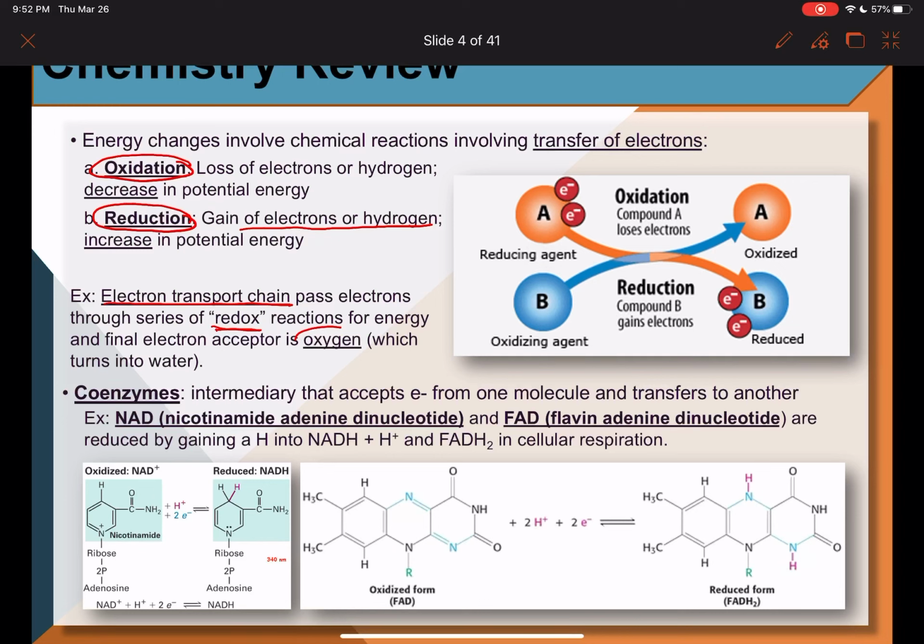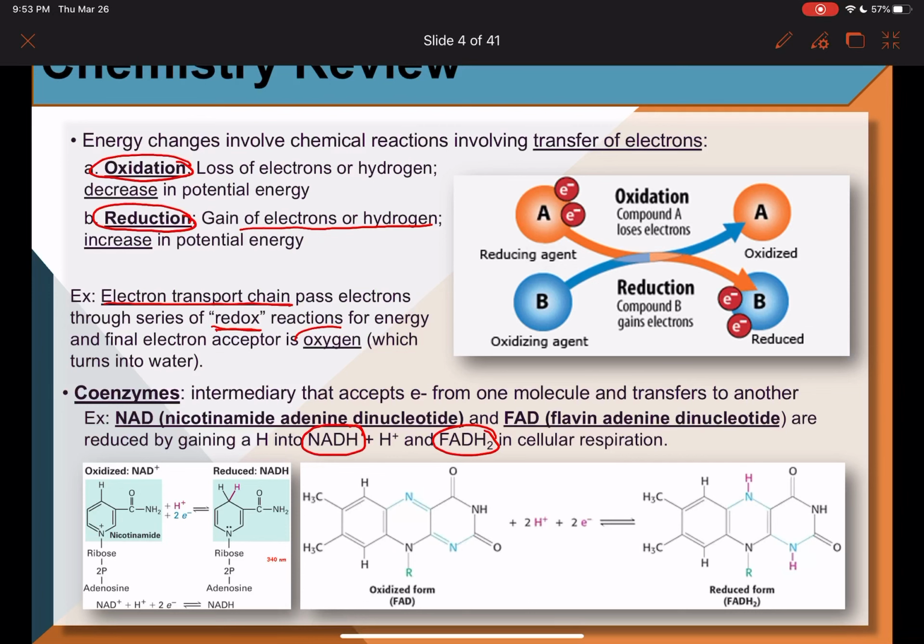The process of cellular respiration involves coenzymes or electron carriers called NAD and FAD, known as nicotinamide adenine dinucleotide and flavin adenine dinucleotide, both of which are reduced to NADH and FADH2 when they accept electrons throughout the steps of cellular respiration that we will go over and review with you in a bit.